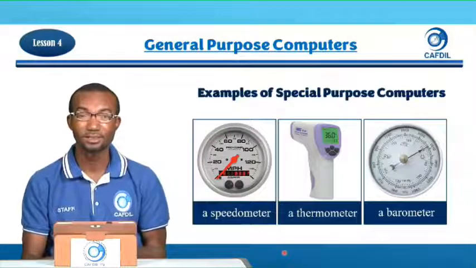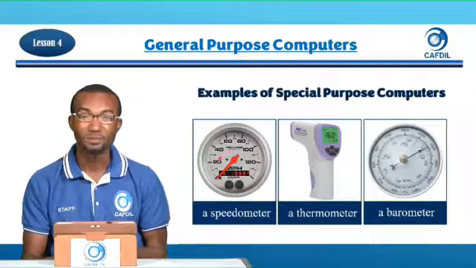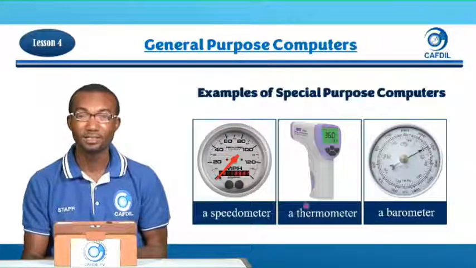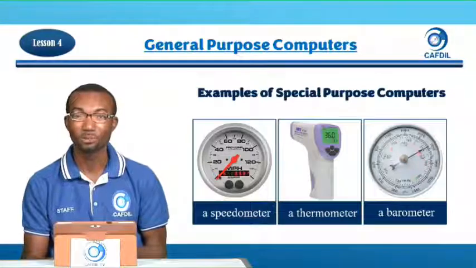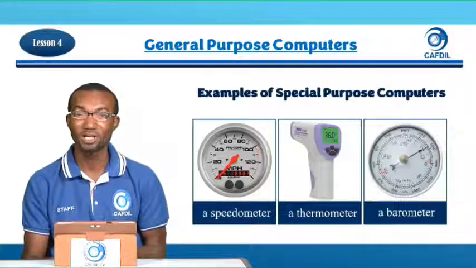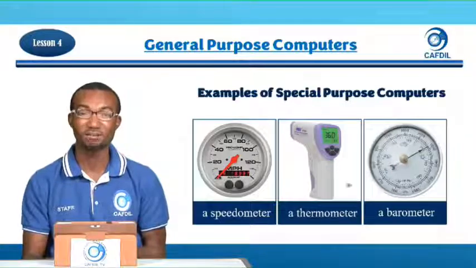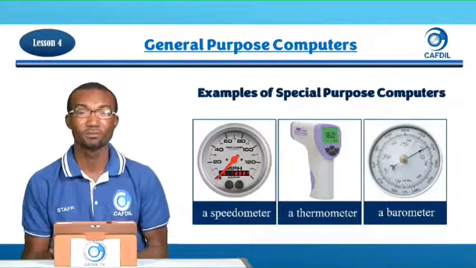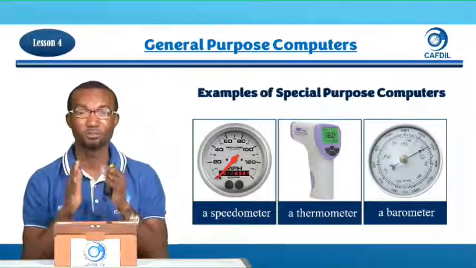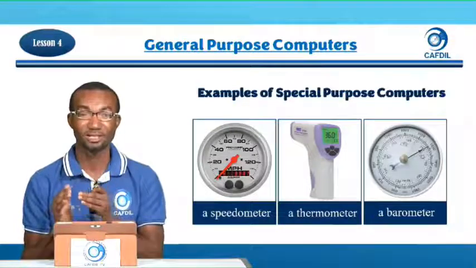If you look at the screen, you see that the speedometer here is different from the barometer here. The markings on it are different. So we cannot use this barometer to check the speed of objects, or to check the temperature of objects. They are specifically made to perform a specific task.